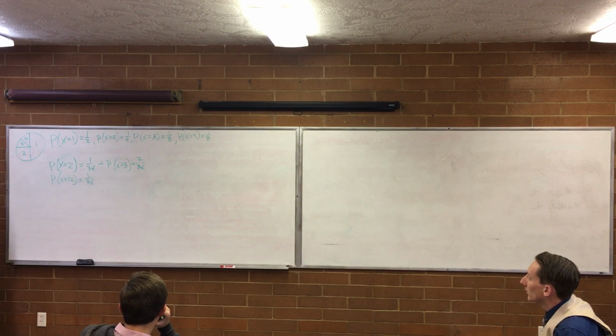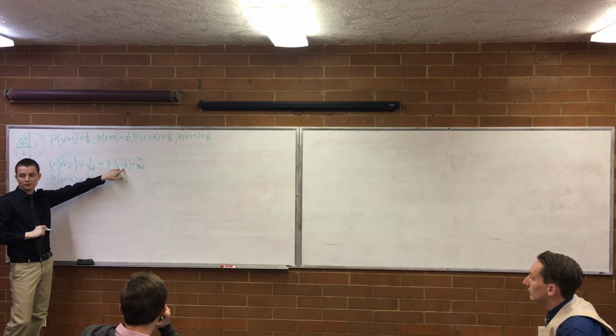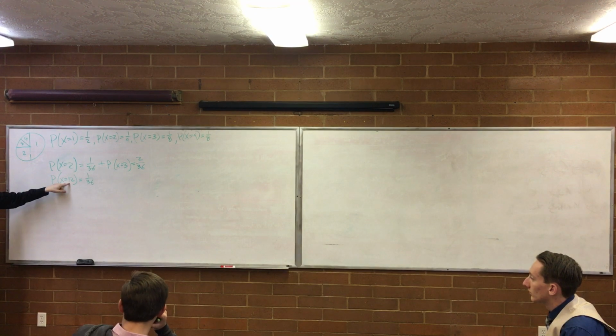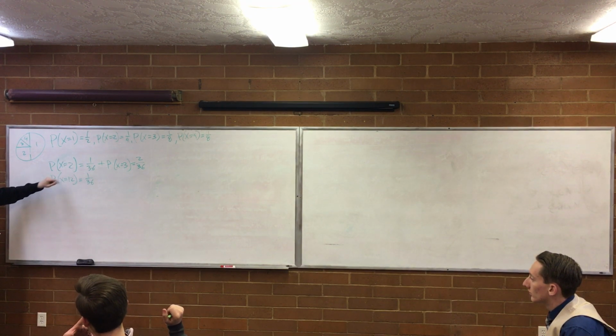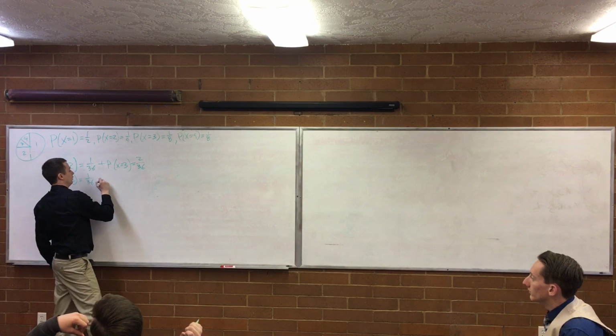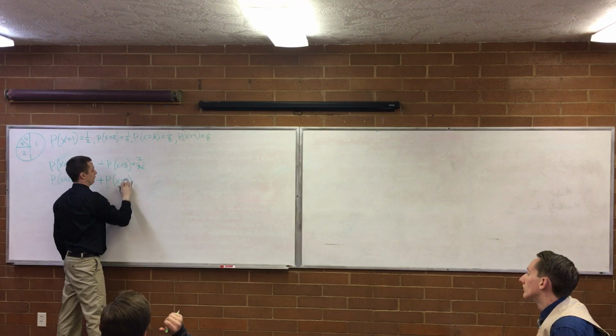Same thing with 11, right? 6, 6 is the only way to roll a 12. 1, 1 is the only way to roll a 2. Now we can roll a 1 and a 2, or a 2 and a 1. Or we can roll a 5 and a 6, or a 6 and a 5.